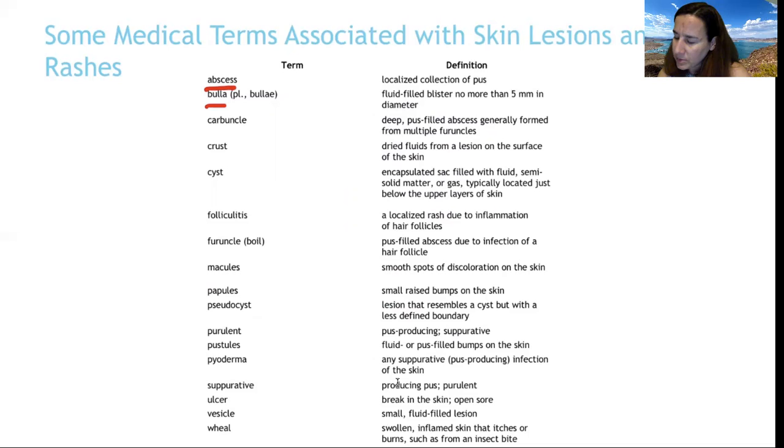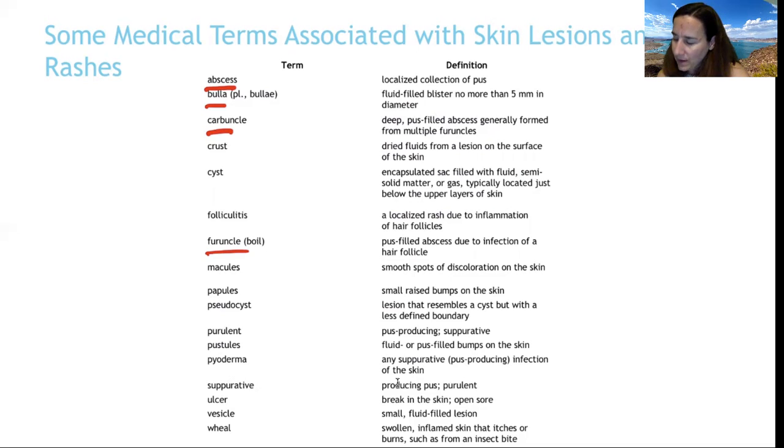Carbuncles are going to be basically big furuncles, which are boils, pus-filled abscesses from a hair follicle. And so when you get enough of the furuncles, it turns into a carbuncle, which is deeper, a bigger, gigantic abscess, a giant pimple, like that one.